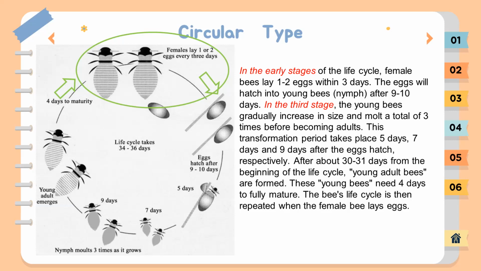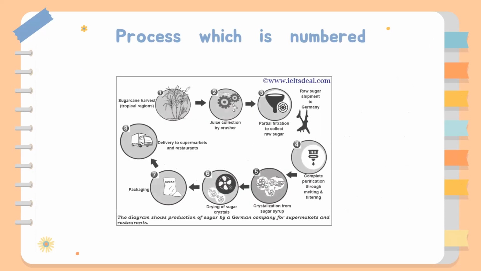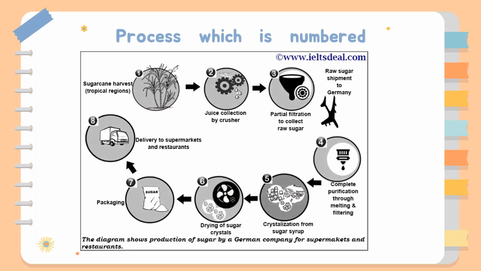Okay, so now we're moving to another type of cycle that I think we might go through these days due to the lockdown. Can you guys see it's familiar? Yeah. So moving on to another type, I would like to show you this type of process.